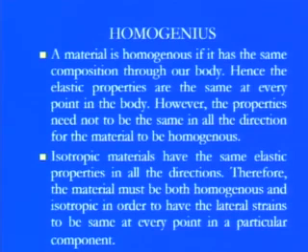Therefore, the material must be both homogeneous as well as isotropic in order to have the lateral strain be the same at every point in a perpendicular or particular component. That means if you have a longitudinal strain and a lateral strain, and you are saying that these are the same at every point, then the material must first be homogeneous, to have the same elastic properties at all points, and also isotropic, so that they have similar elastic properties in all directions.